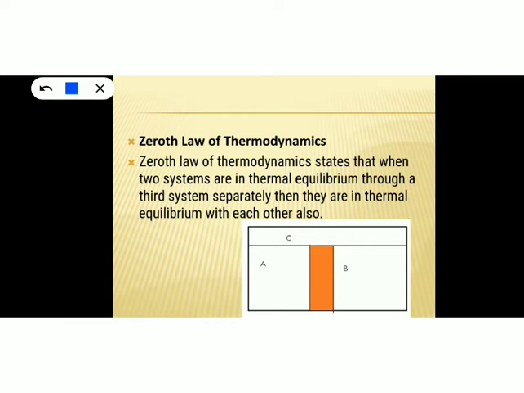If A is in thermal equilibrium with C, then the temperature of A is equal to the temperature of C, because when two systems are in thermal equilibrium, their temperatures are equal.